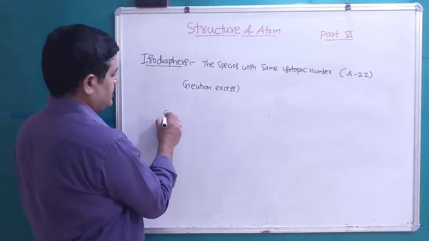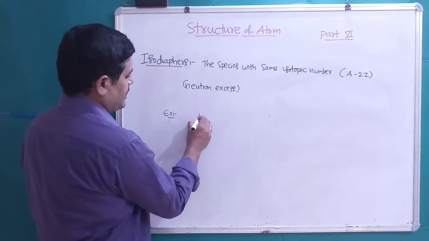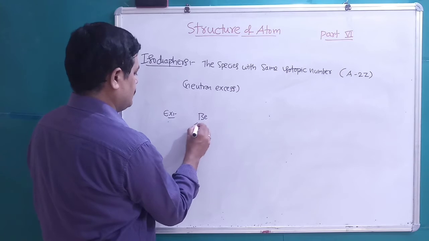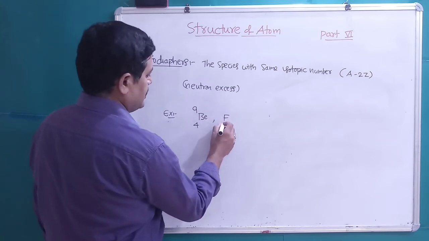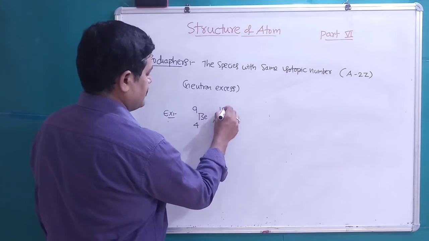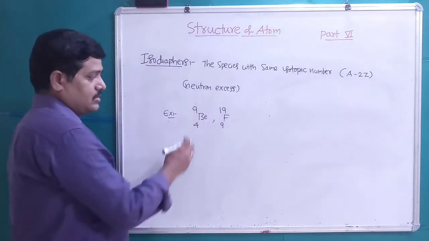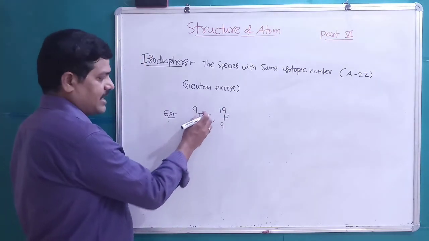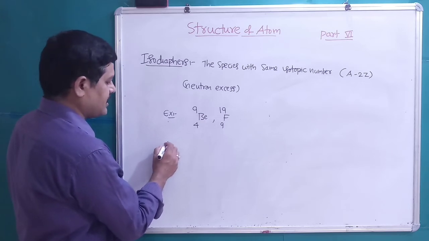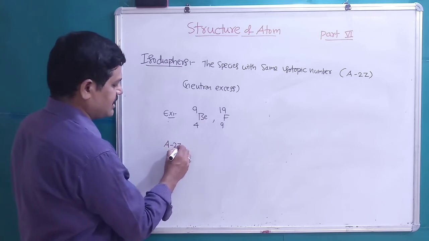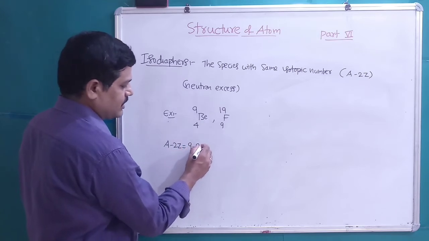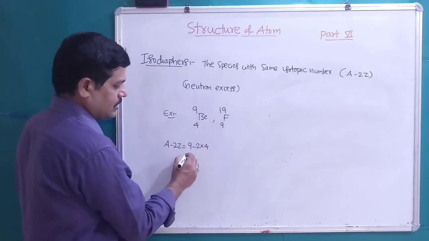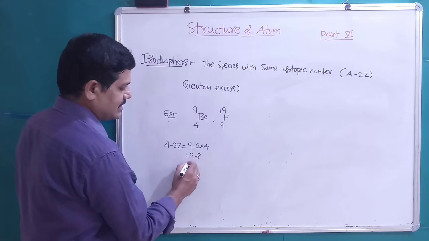For example, we will take beryllium 4Be9 and fluorine 9F19. In the beryllium case, the isotopic number A - 2Z, where A is the mass number, is 9 - 2 into 4, so 9 - 8 is equal to 1.